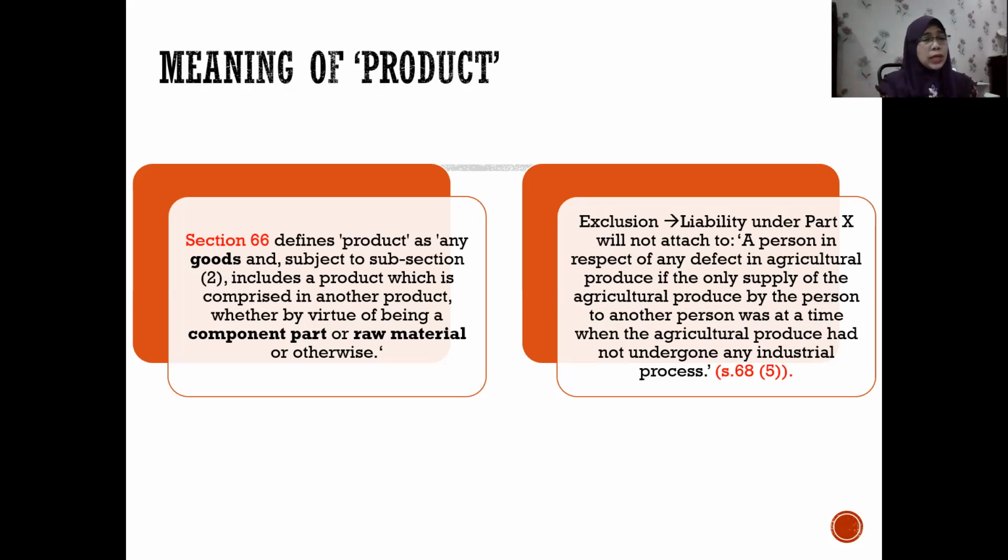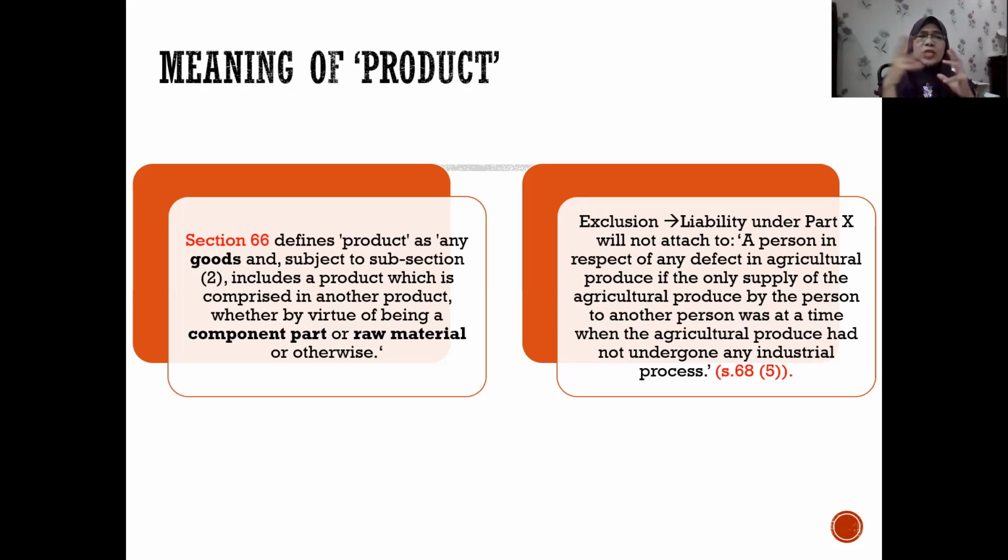So it includes component, it includes raw material, it includes product as a whole, but it is subject to exclusion here. Liability under part 10 will not attach, under section 68, section 5 as well, to a person in respect of any defects in agricultural produce, if the only supply of the agricultural produce by the person to another person was at a time when the agricultural produce had not undergone any industrial process.